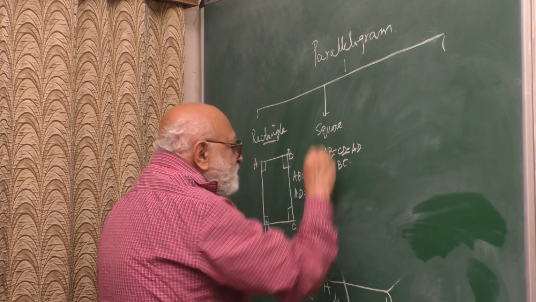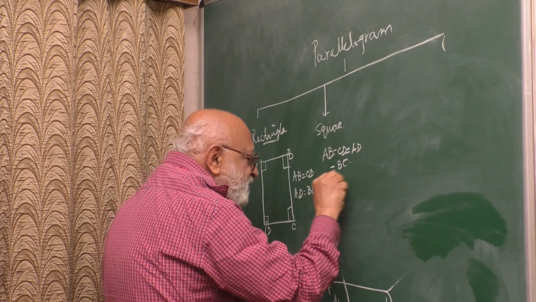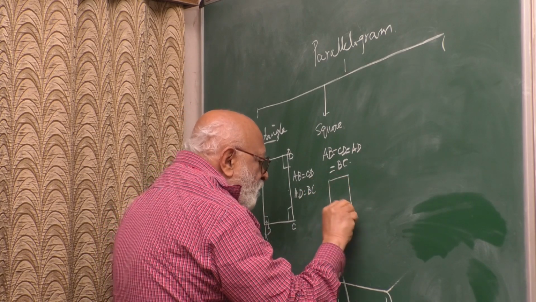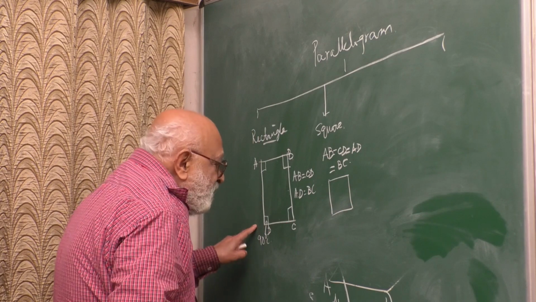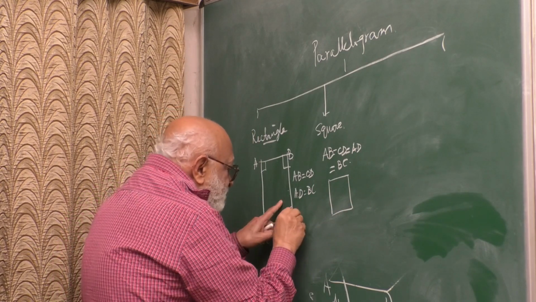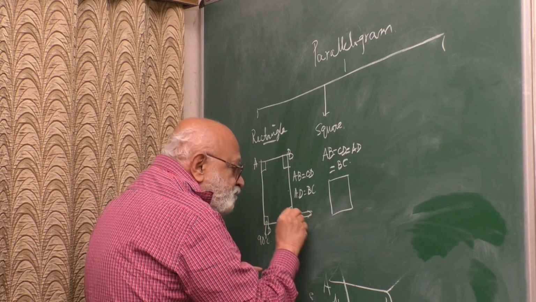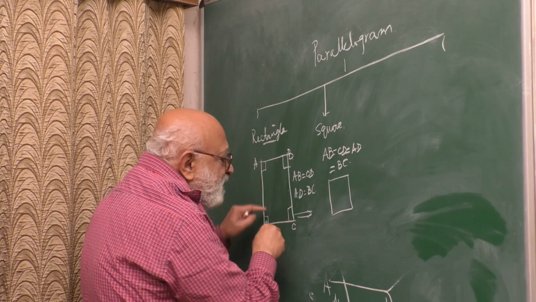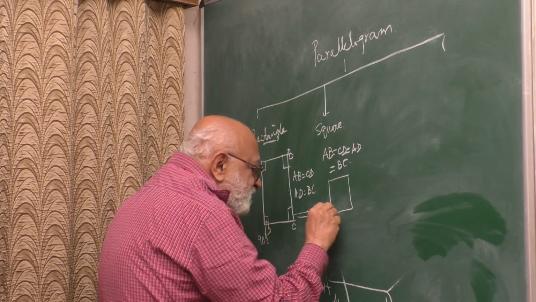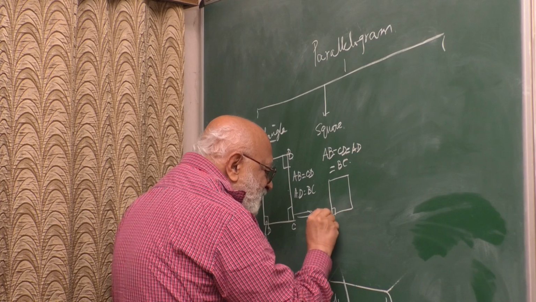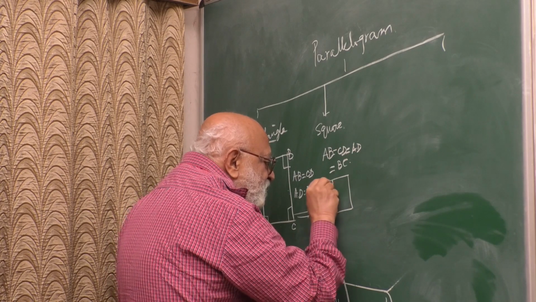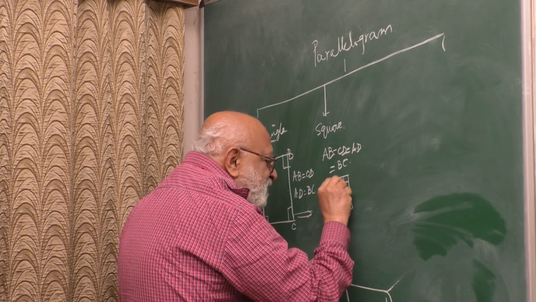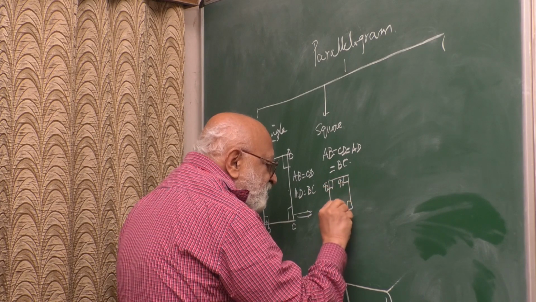All the sides are equal. That means the properties are transferred here, only that there is a slight change. These angles again remain 90 degrees, this angle will be 90 degrees, this will be 90 degrees, this will be 90 degrees.